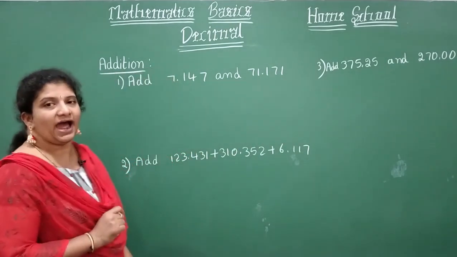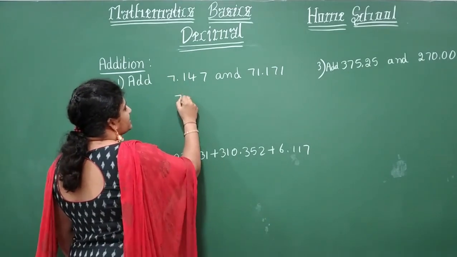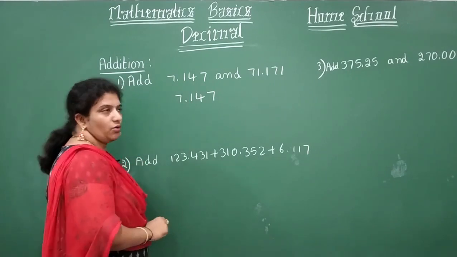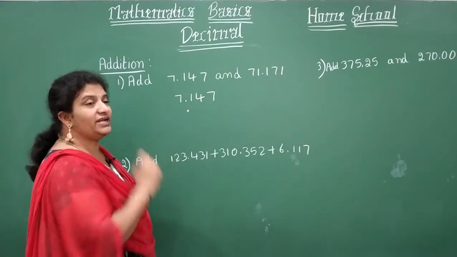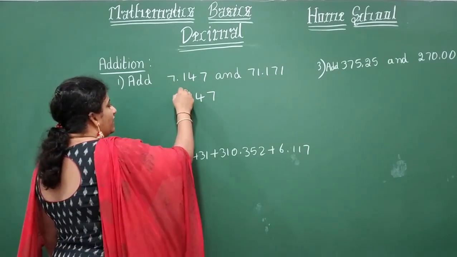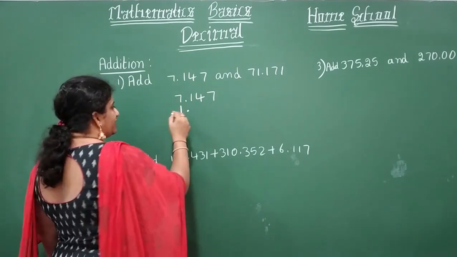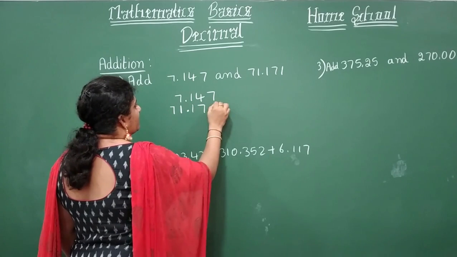So how do you add these two decimal numbers? Look over here. 7.147. Okay, so where is the point here? Right, children. Write units below units only. That is 71.171.